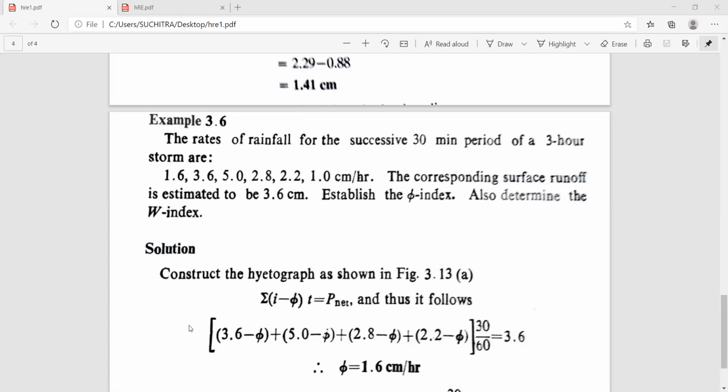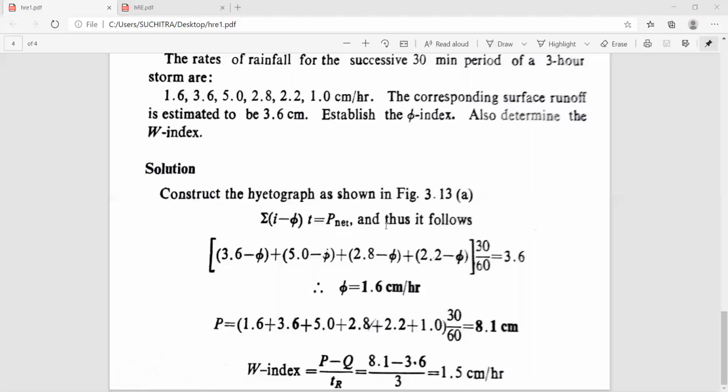Now this is multiplied by the time period. Time period is 30 divided by 60. That is equal to the P net value, that is 3.6 centimeters.